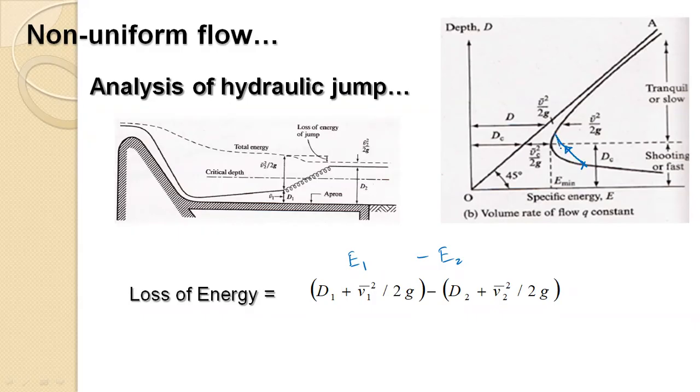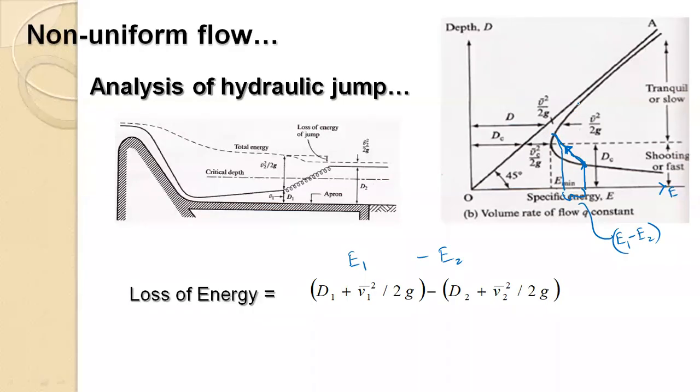So if I take these points, this difference relates to the loss of energy. What happens at a hydraulic jump is it changes from a high specific energy to a low specific energy, and at the same time it changes from supercritical flow to subcritical flow, right?